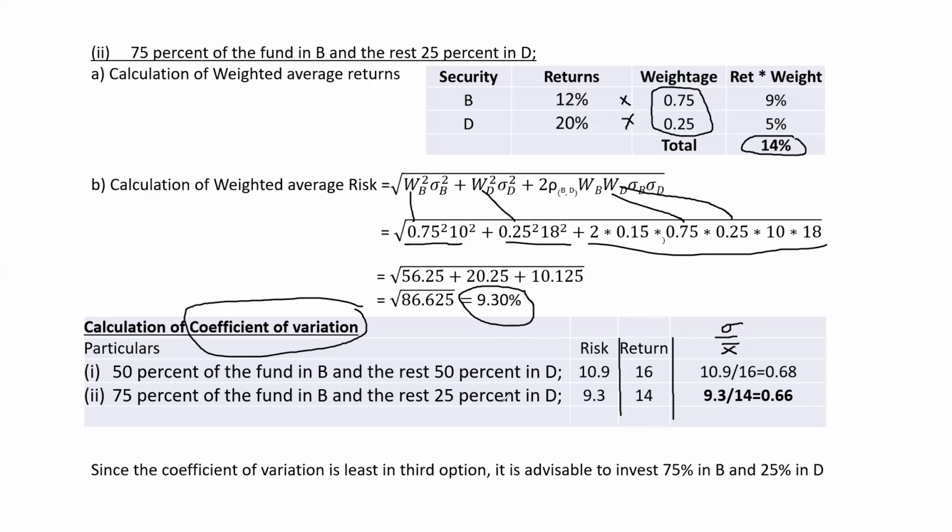And in the second case, we have a return of 14% and risk of 9.3%, which gives 0.66. And if you remember, the rule for coefficient of variation is that wherever it is minimum, that should be preferred for investment. So naturally, coefficient of variation is less in the second portfolio option, so the second portfolio is recommended as compared to the first portfolio.